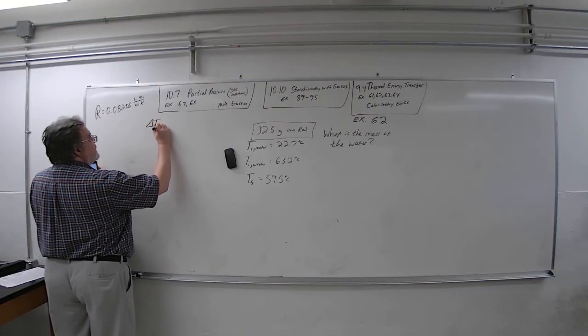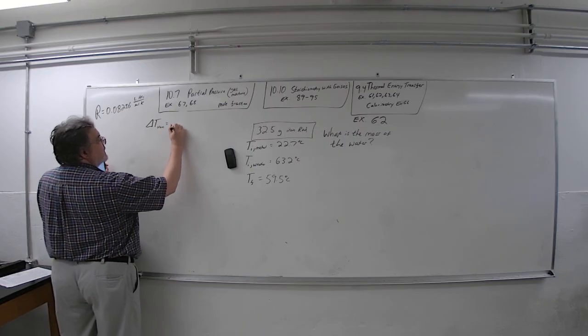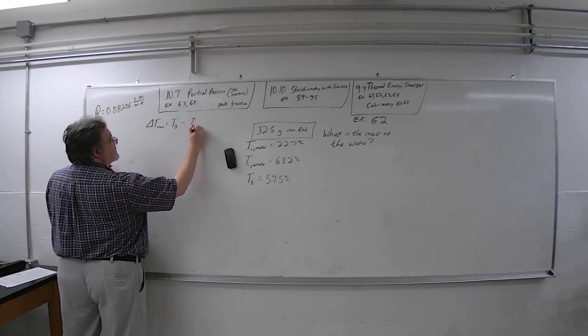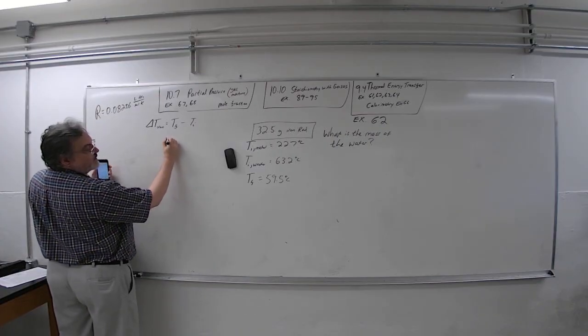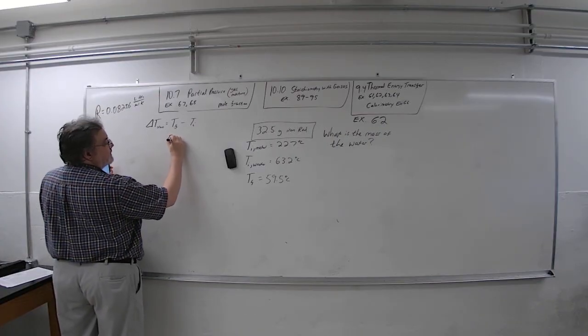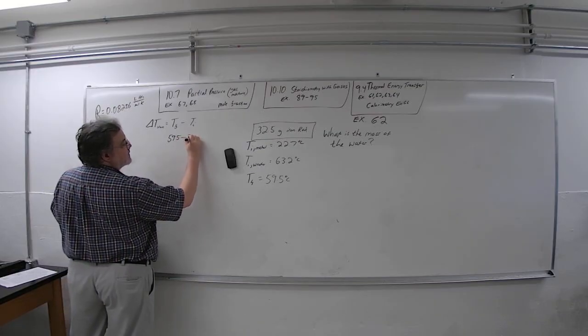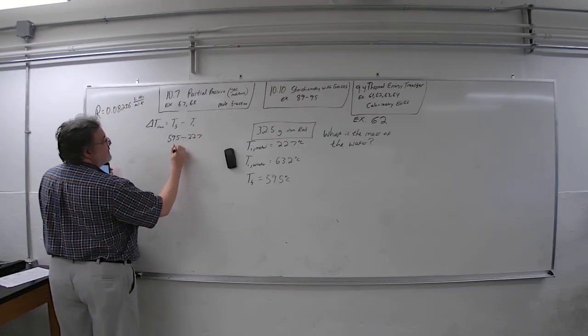Delta T of iron is going to be temperature final minus temperature initial. Final is 59.5 and initial is 22.7.